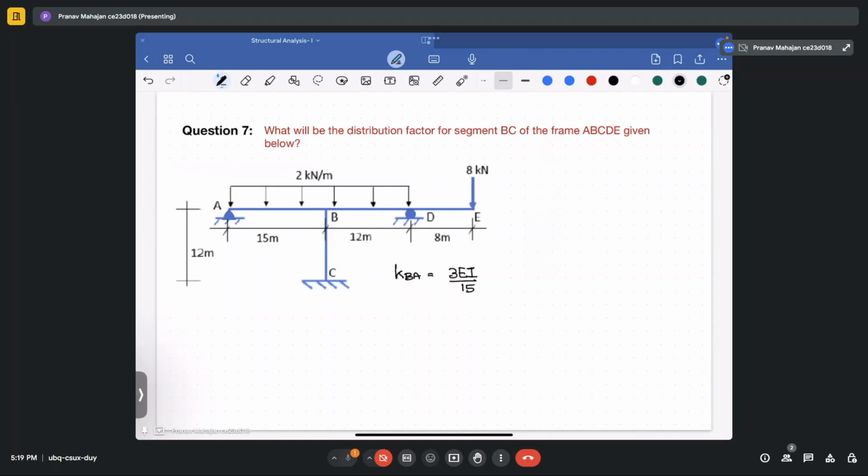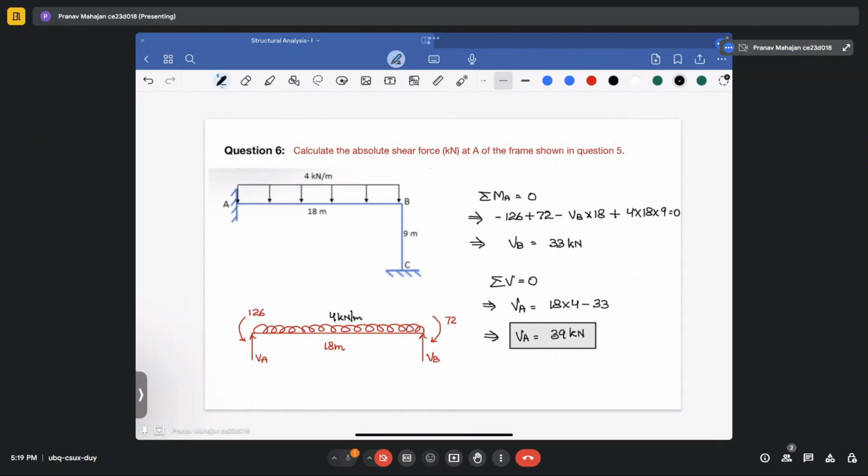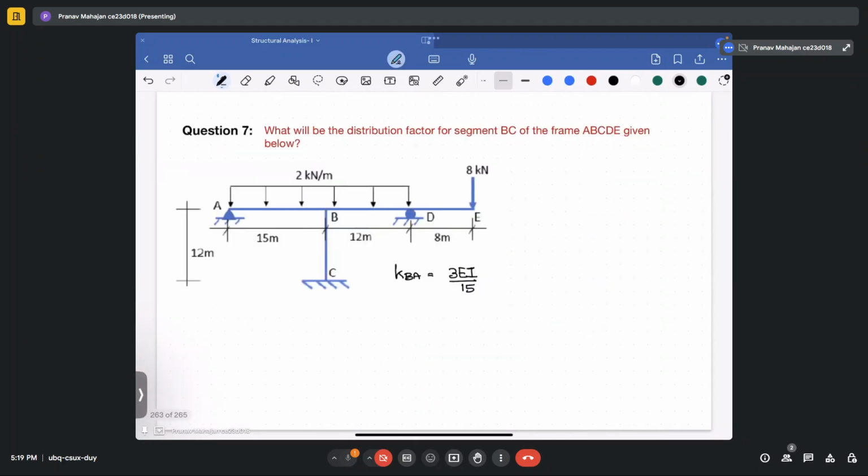Then we move to KBD. That would also be 3EI upon 12.